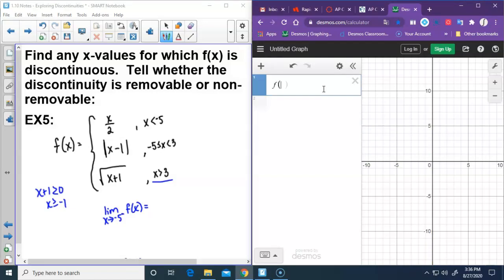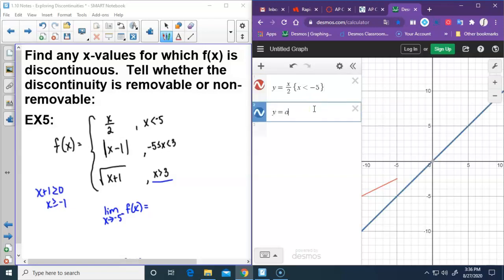I can't remember how to do piecewise functions, so I'm just going to do y equals x over 2, and then we put, I think it's brackets like this, x is less than negative 5. Oh yeah, that works. I'm going to just do each piece separately, and y equals absolute value of x minus 1, and we put these brackets.